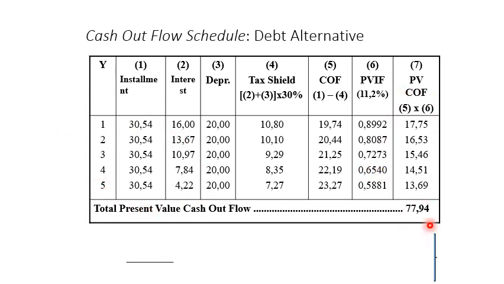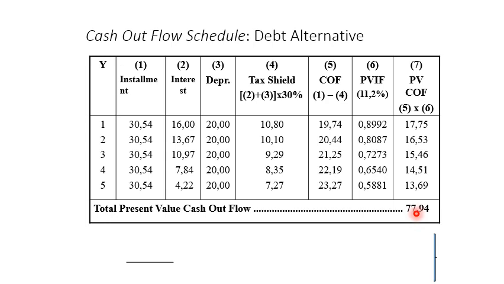So then it means that the total present value of the cash outflow is 77.94, which comes from the sum of all of this. So you see here that the present value of the cash outflow is 77.94 million.